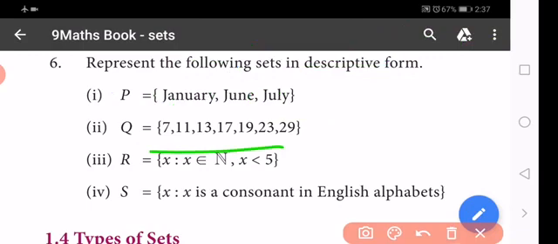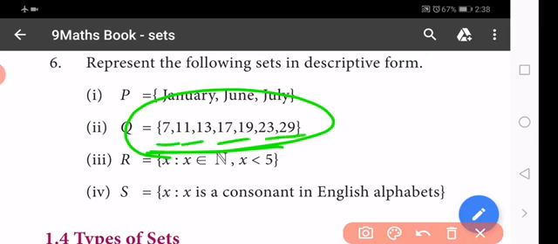7, 11, 13, 17, 19, 23, 29. Do you know what type of numbers these are? Is it an odd number? No. If it were odd, after 7 there would be 9 and 15. Then look at each number.